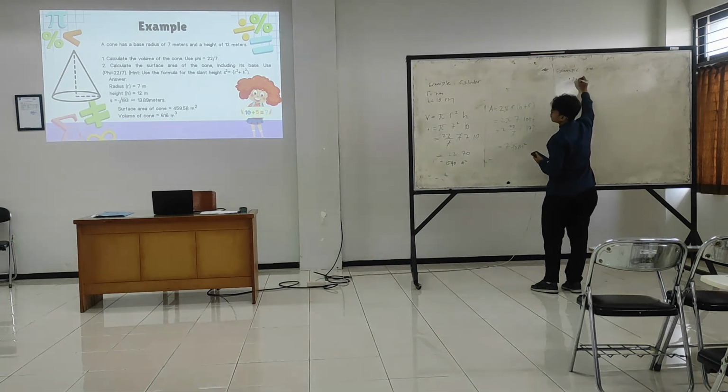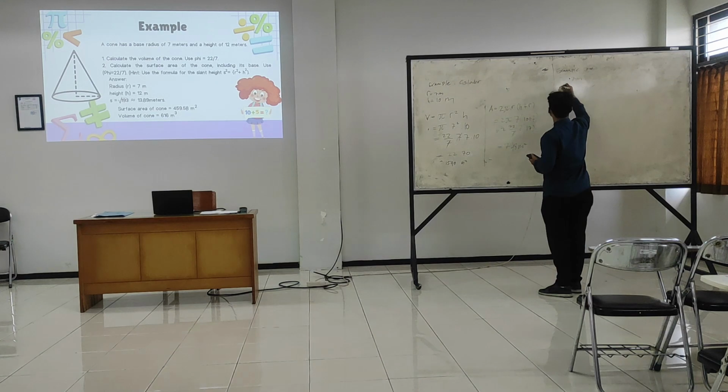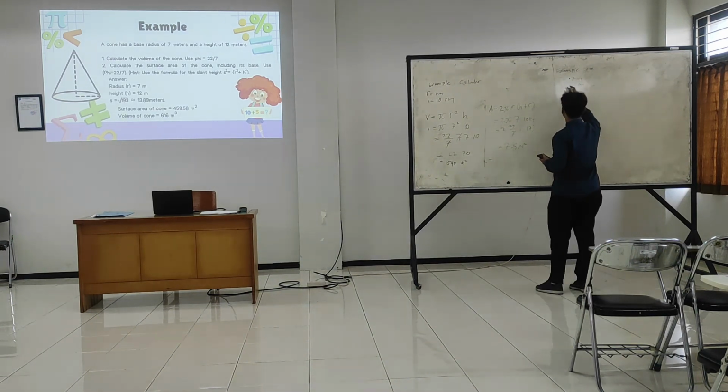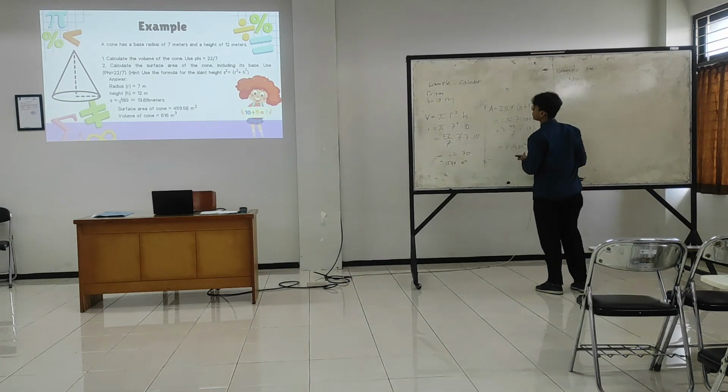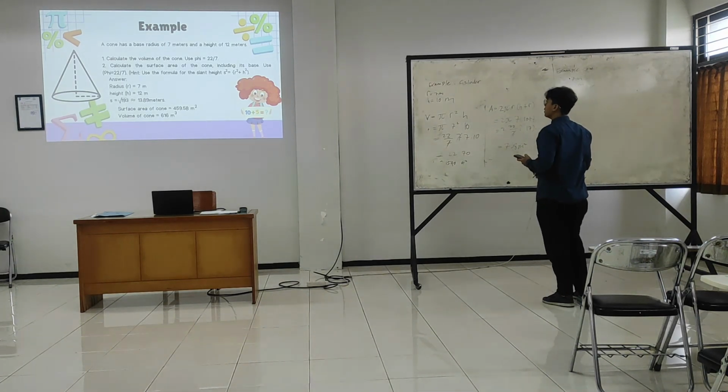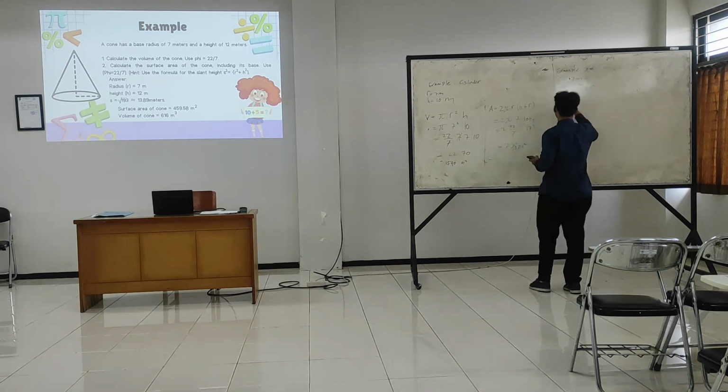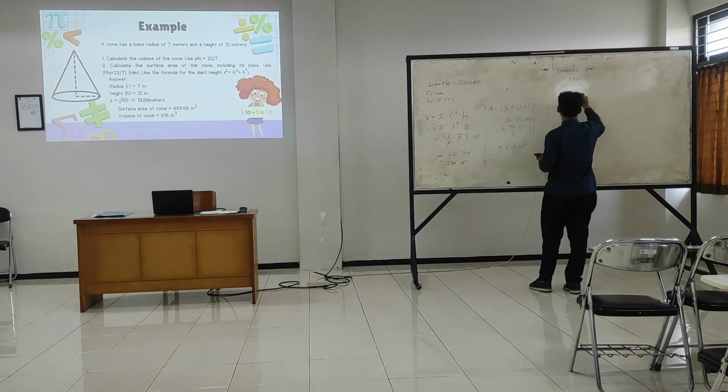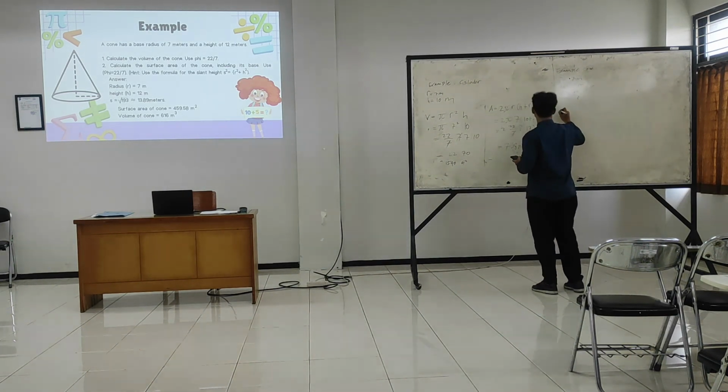The radius is 7 meters, and the height is 12 meters. Okay. And then calculate the volume of the cone. We use pi as 22/7.